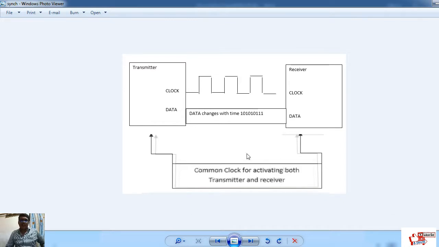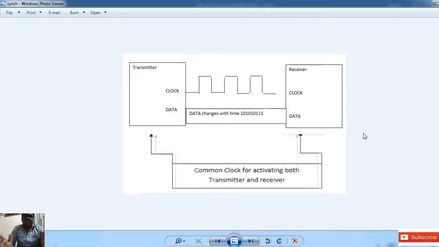So here also we have a common clock. Synchronous communication is going to happen only in on-chip communication, that is, between the peripherals available on the chip. Oh, sorry for the interruption.